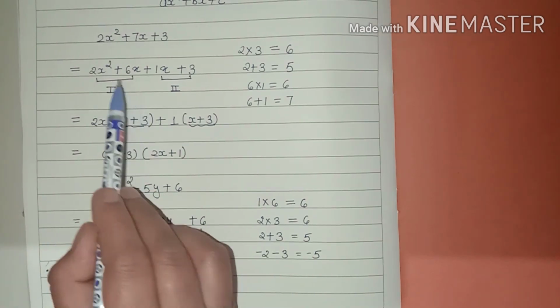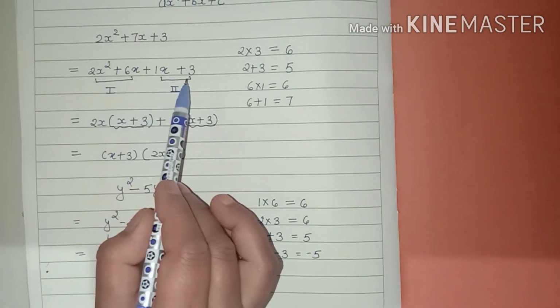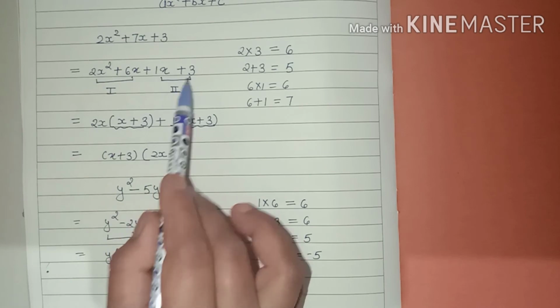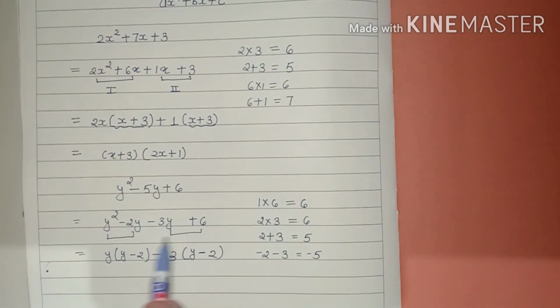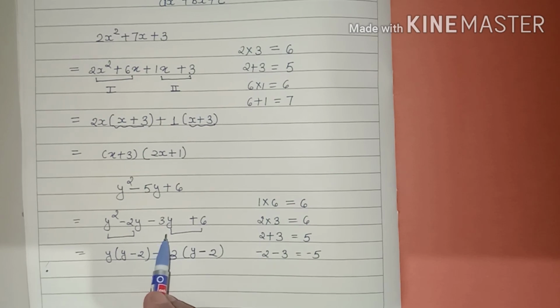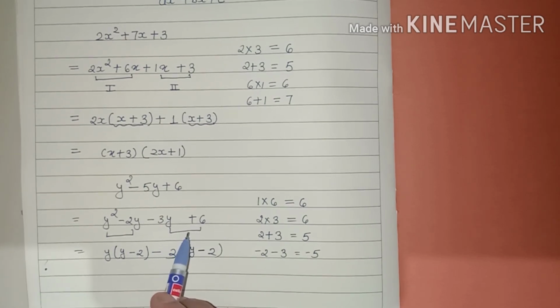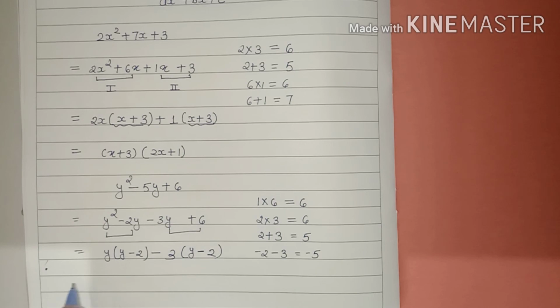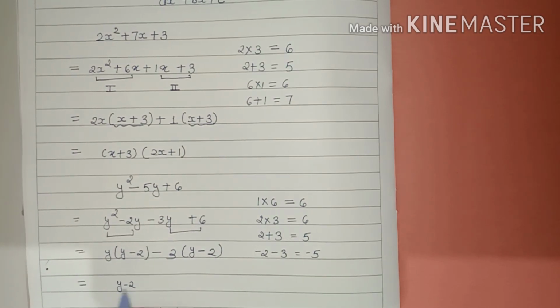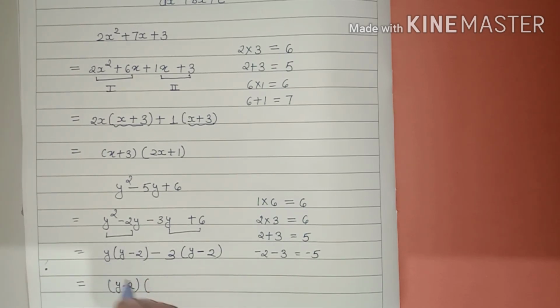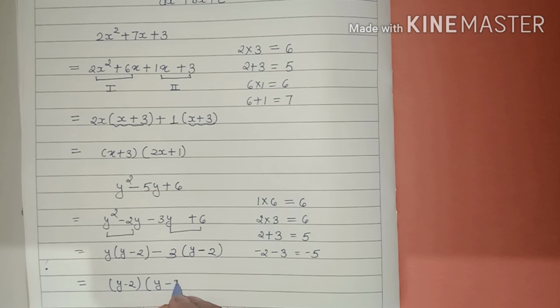In the first example all 4 terms are positive, and in this second example 2 terms are positive and 2 terms are negative. There are only 2 possibilities as I already told you. Next step, in both the groups which factor is common? y minus 2, and in the second bracket we will write the remaining, y minus 3.